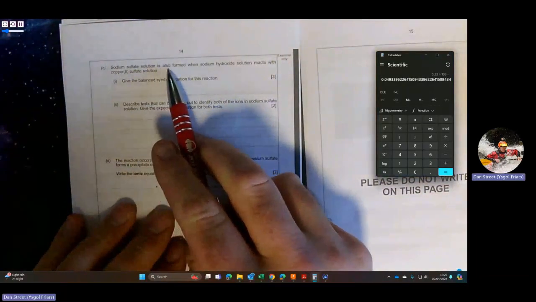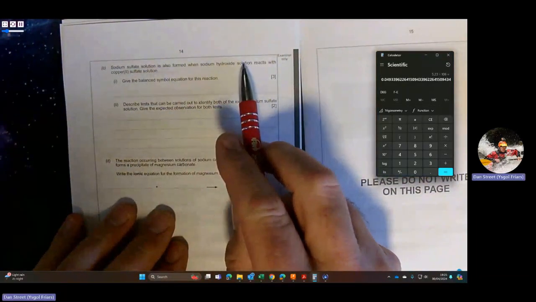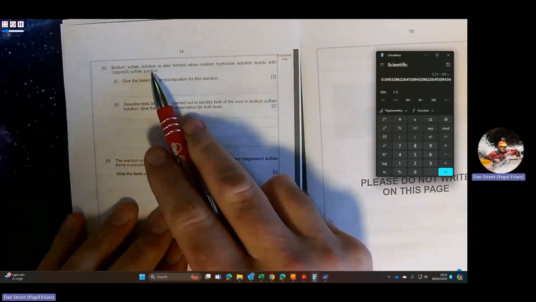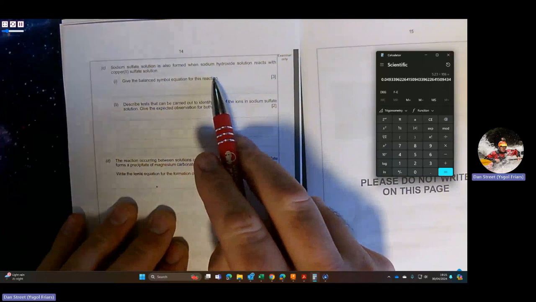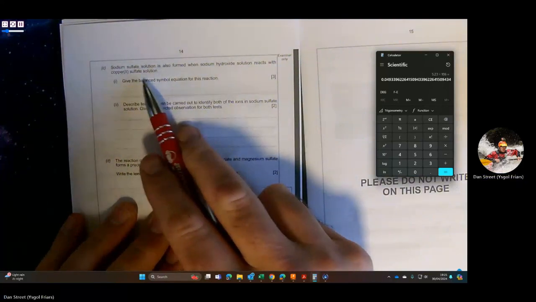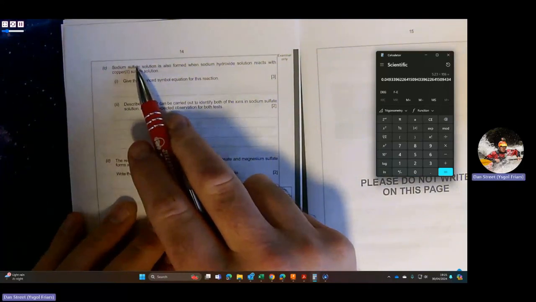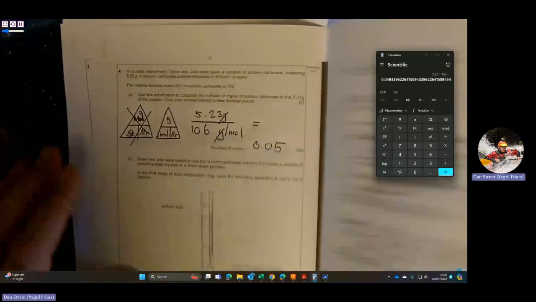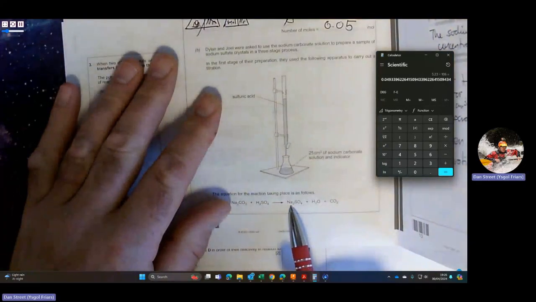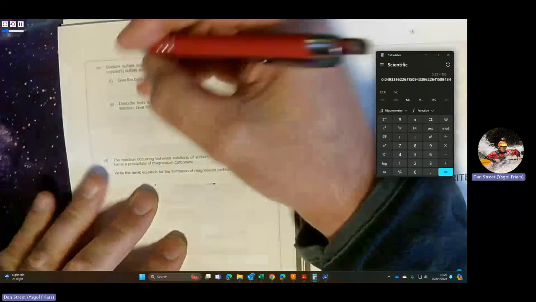Okay, moving on. Sodium sulfate solution is also formed when sodium hydroxide solution reacts with copper sulfate solution. Give a balanced symbol equation for this reaction. So we've got sodium sulfate. We can remind ourselves the formula for sodium sulfate is down here, so we don't need to refer to the table of ions in the back.